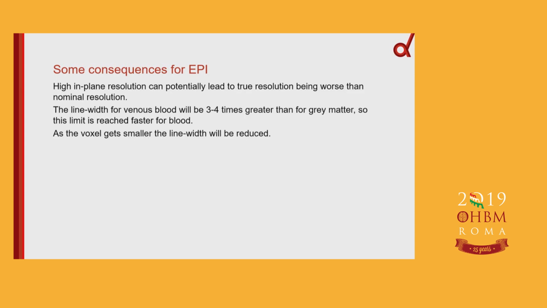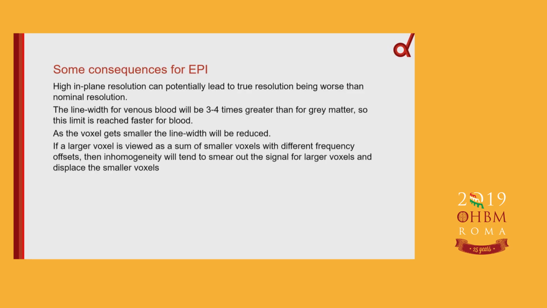If you look at the way you think about distortion and imaging, once you get a small voxel, actually you get a nice line width in that voxel, right? You don't have to worry so much about main field inhomogeneities in that very small voxel you're considering, right? It's a bit of a weird way of thinking about it. If you take a large voxel, 3 by 3 by 3, that's got 27 1 millimeter cubed voxels in it, right? Now, when you look at your 3 by 3 by 3, you get this distortion effect because the signal gets smeared out.